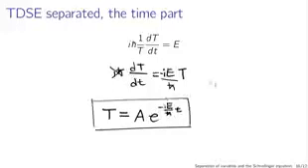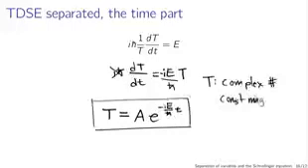What this tells us is that our time evolution is actually quite simple. T is, in principle, a complex number. It has constant magnitude. Time evolving this doesn't change the absolute value of capital T. And essentially it's just rotating about the origin in the complex plane.